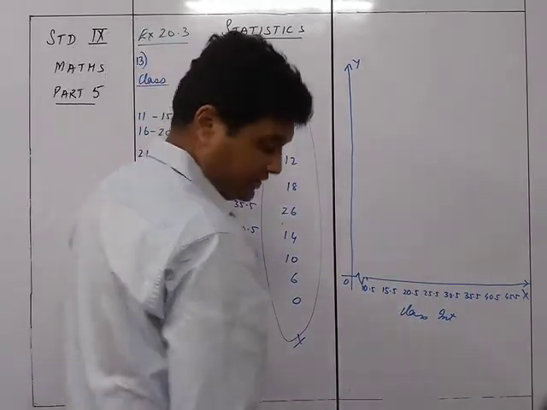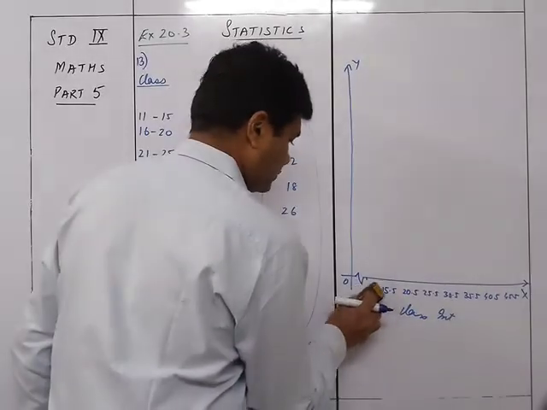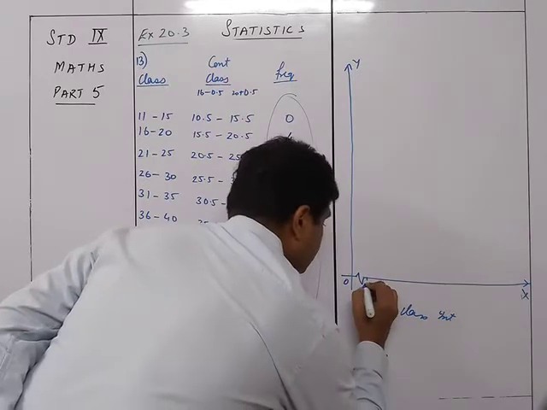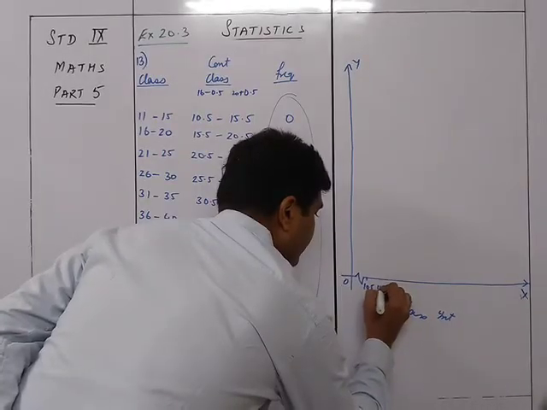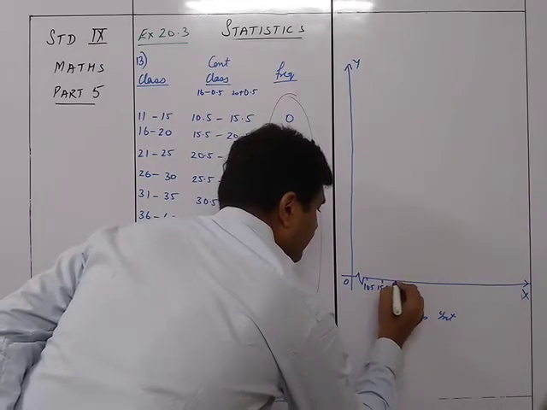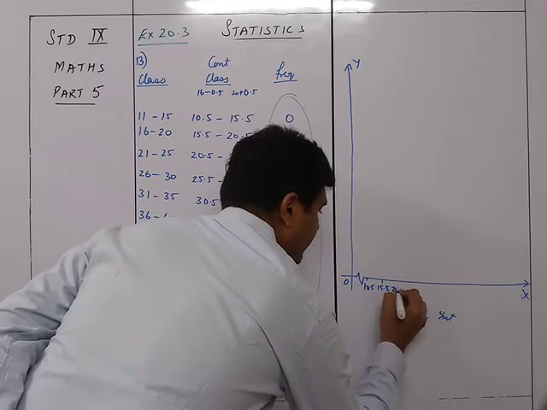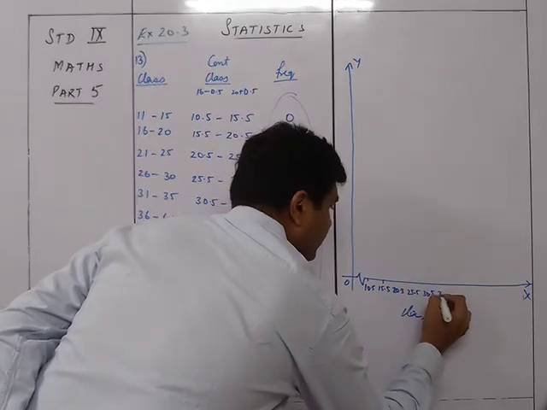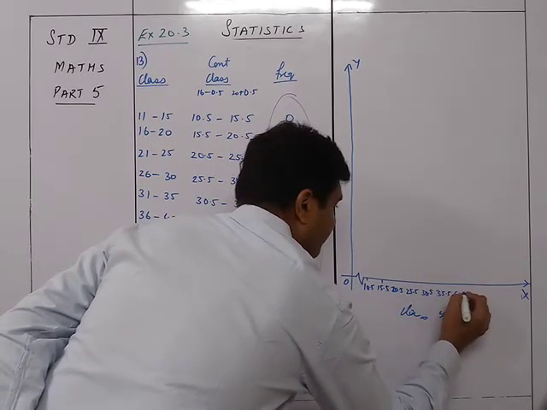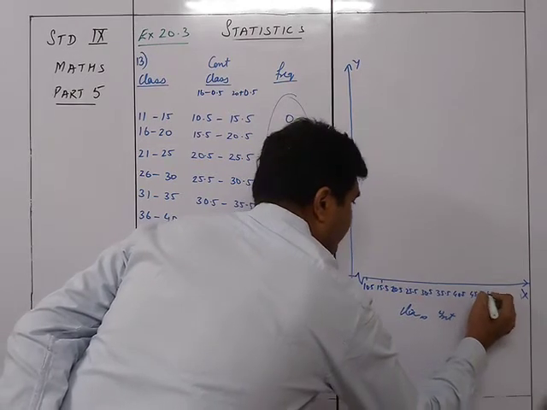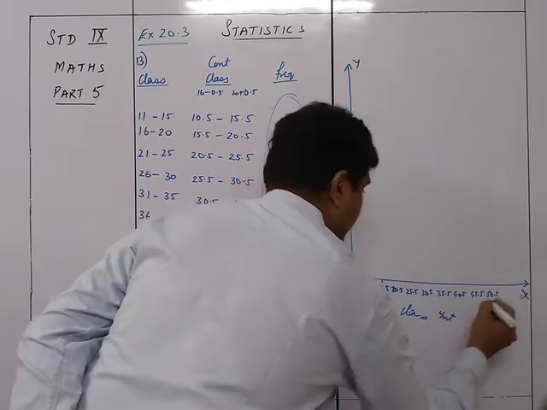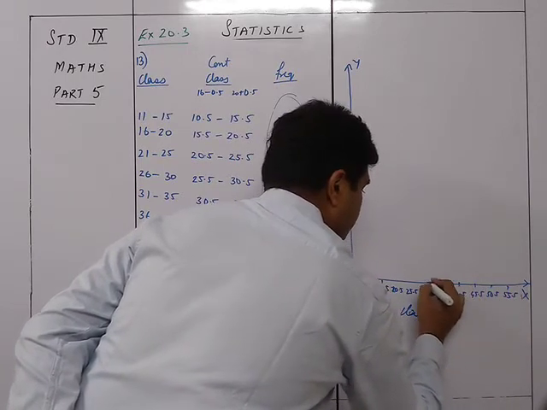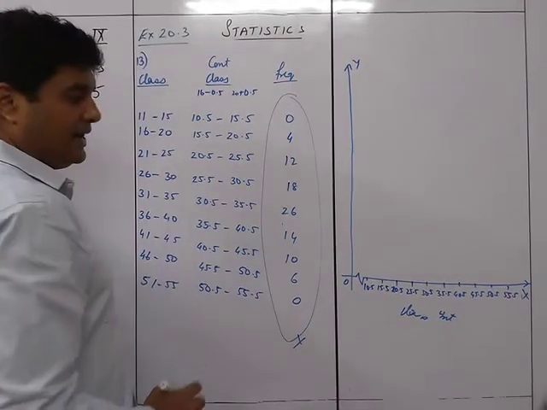Oh, okay. That's too big, so need to squeeze in. So it's 10.5, 15.5, 20.5, 25.5, 30.5, 35.5, 40.5, 45.5, 50.5, 55.5. So these are the required class intervals.